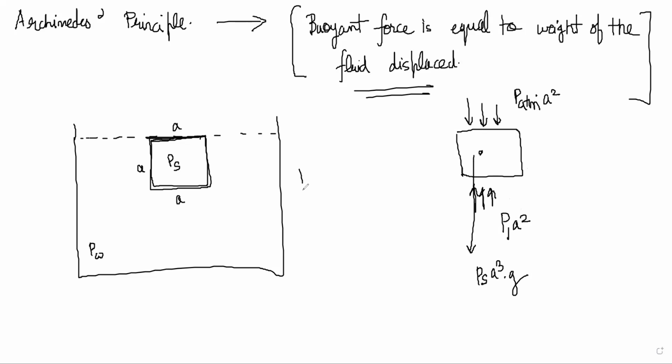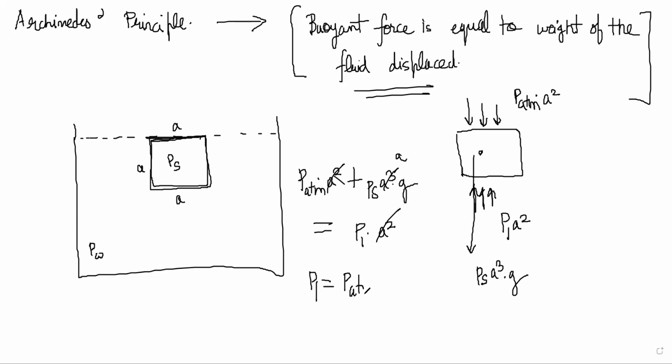So P ATM into A square plus rho S into A cube into G should be equal to P1 into A square. A square cancels, so you get the equation P1 is equal to PATM plus rho solid AG, correct?